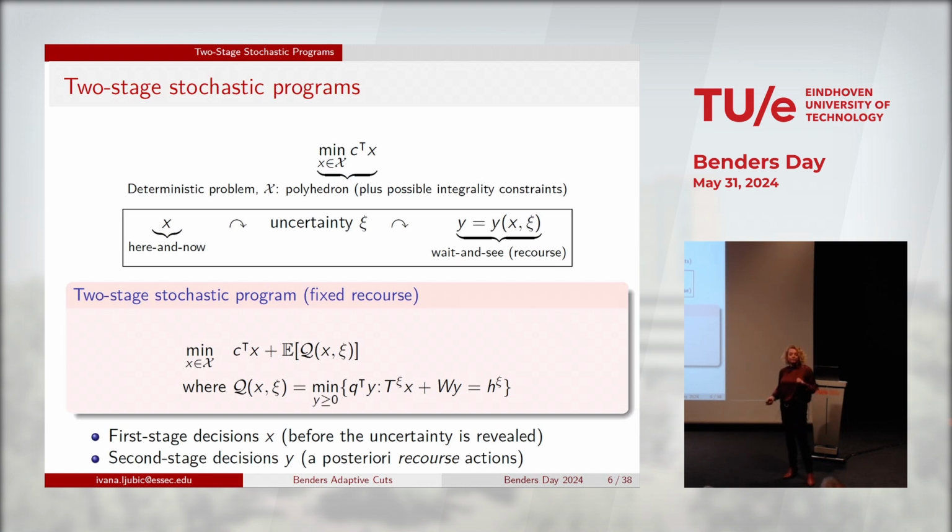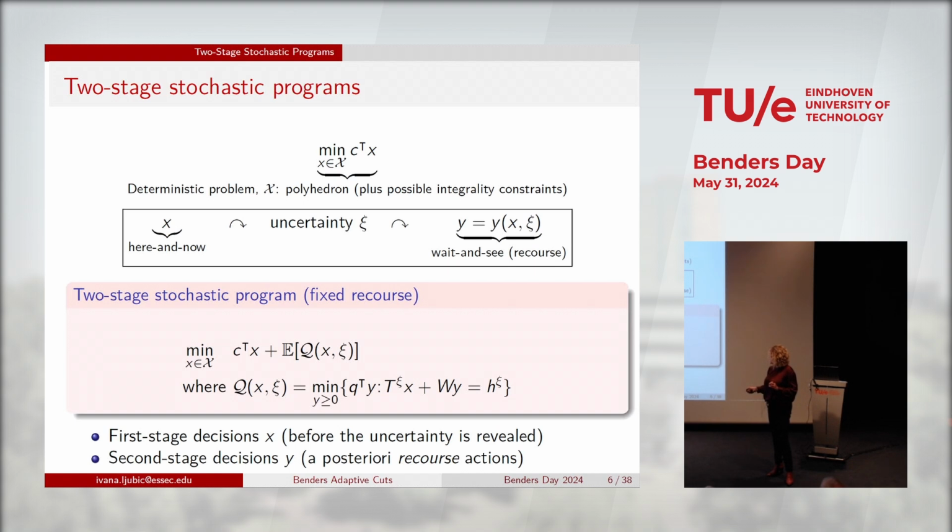If we have a given vector, let's call it psi, which is a realization of this uncertainty, we assume that the recourse problem can be described as a linear program. In this linear program, we have specific assumptions. We will say that the objective function is deterministic, but that the constraints are subject to uncertainty.